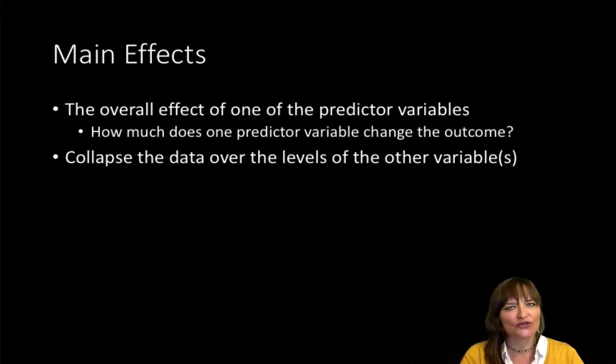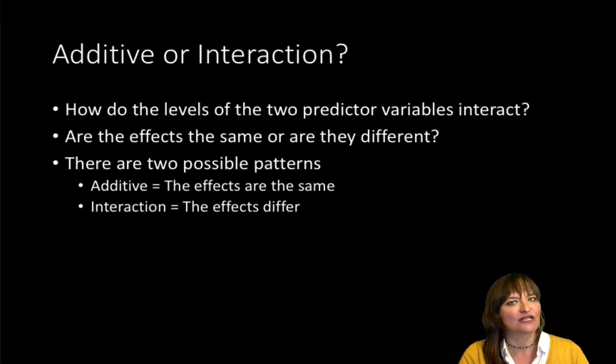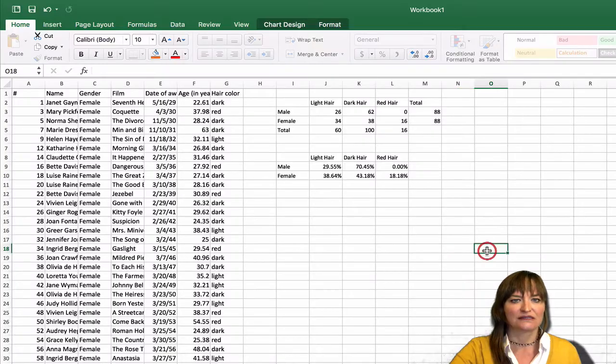Do you remember these are called the main effects, a main effect of each of those variables by itself? The second layer that we will look at is asking if the 2 predictor variables combine together to have an effect, if they interact, or if they combine together in a linear or additive way.